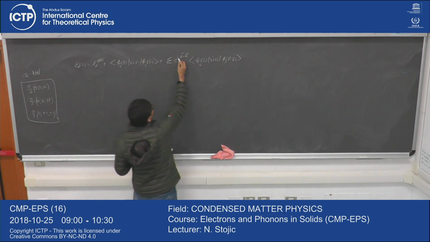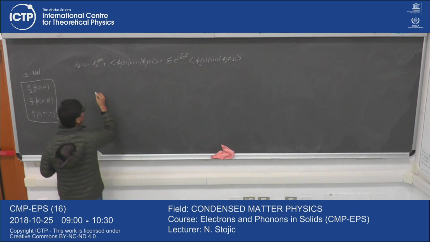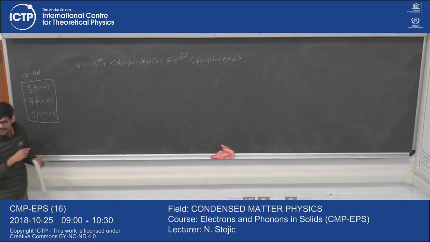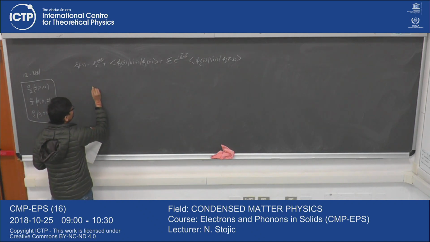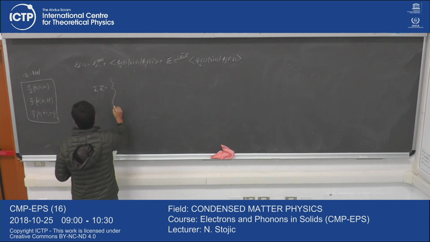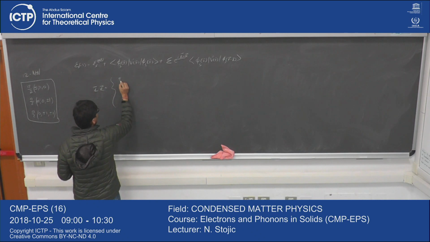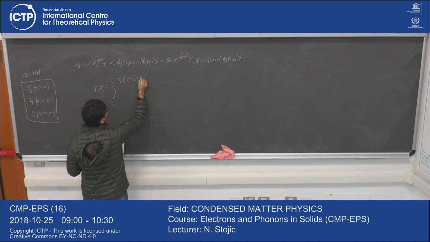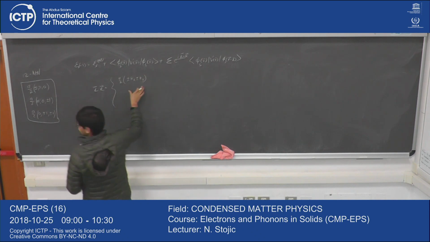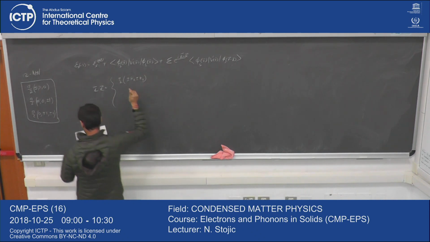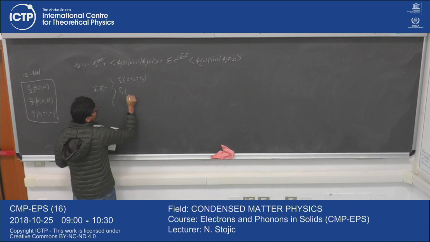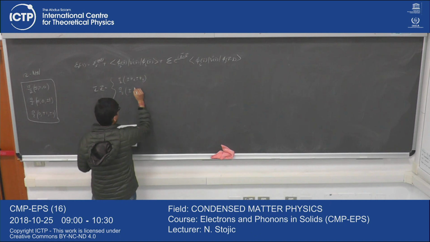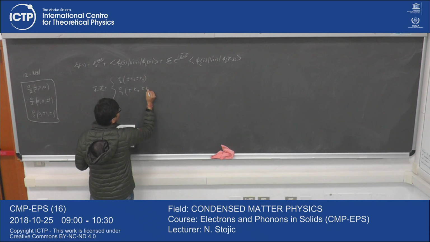So for this we have to find this i k dot r, for the two sets. If we calculate k dot r, for this set it will be k/2 plus-minus kx plus-minus ky.